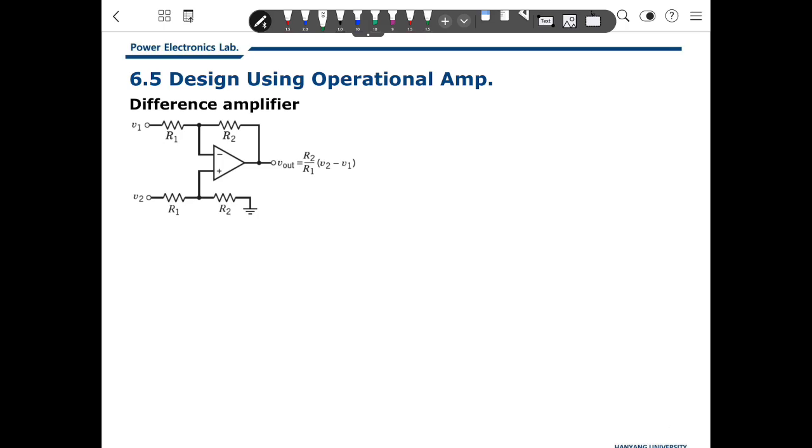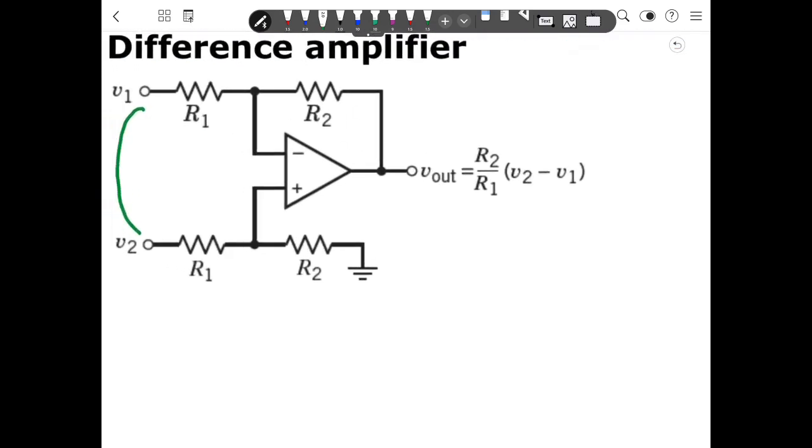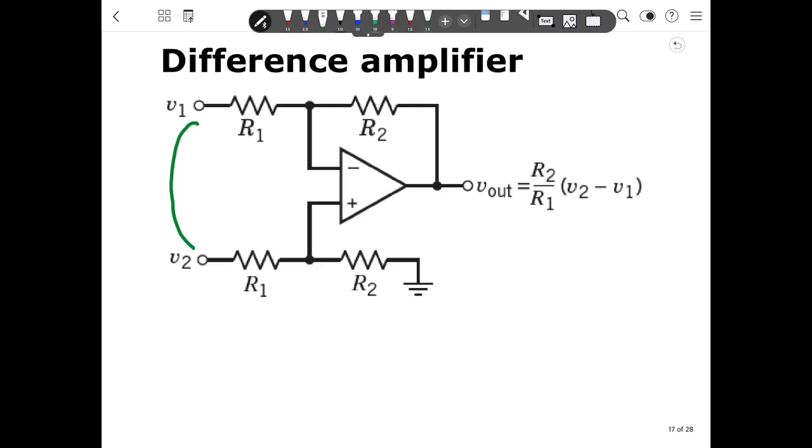And this is a difference amplifier. This amplifier is very useful when you design analog circuits, like filters and other things. This difference amplifier amplifies not the individual values, but the voltage difference between here and here. So analyze first here.